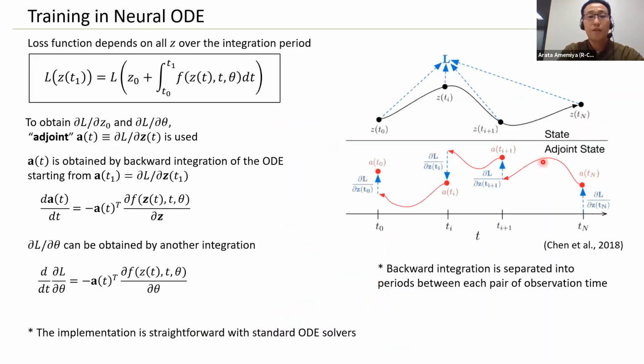So what is unique in neural ODE is the training method. Unlike the neural networks which use error backpropagation, training in neural ODE is performed by the adjoint method. This is a loss function as a function of the variable z.